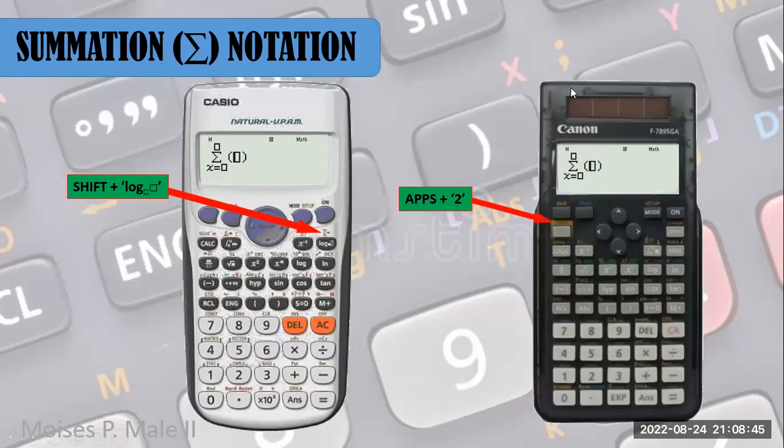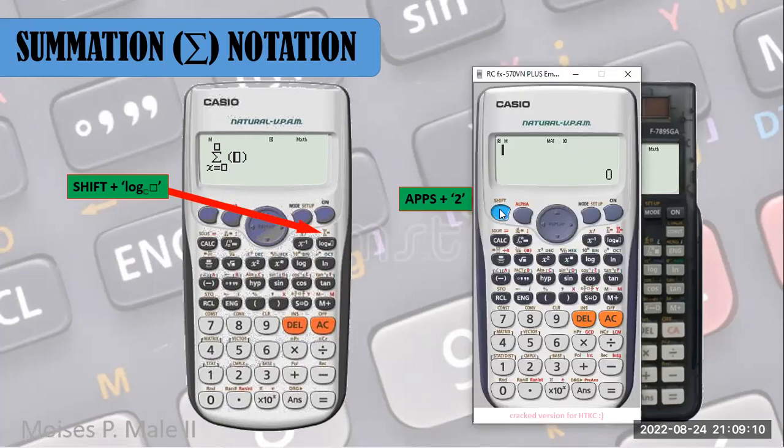Okay, let's go to summation notation. Okay, so summation notation, shift, this one. So there is a summation there. But on the CANON, apps, then click new. Okay. So, this. Shift. Sorry.